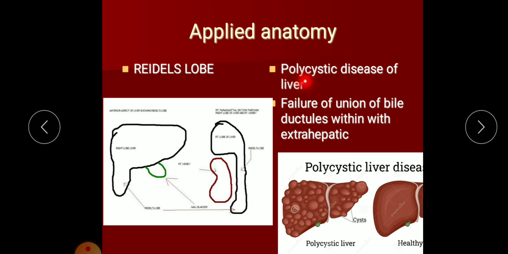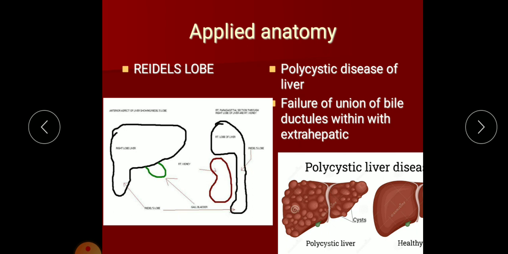Second one is polycystic disease of the liver. What is the embryological cause that causes polycystic disease? It is because of the failure of union between the intrahepatic and extrahepatic bile ductules.